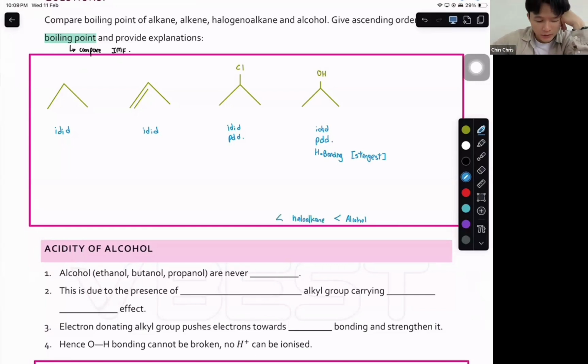Followed by what? Okay, guys, both alkane and alkene have ID, but ID increases when the number of electrons increases. This is C3H8. This is C3H6. So you see that you have a bigger molecule here, which means stronger ID.